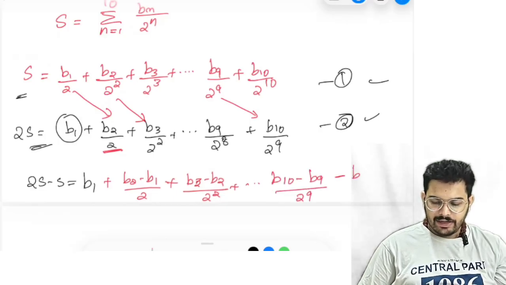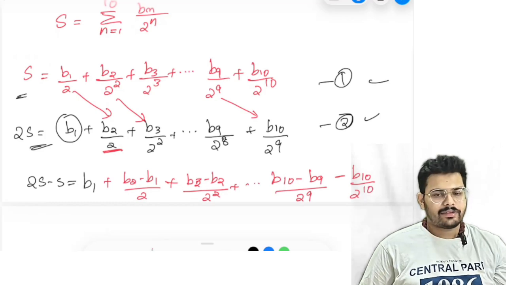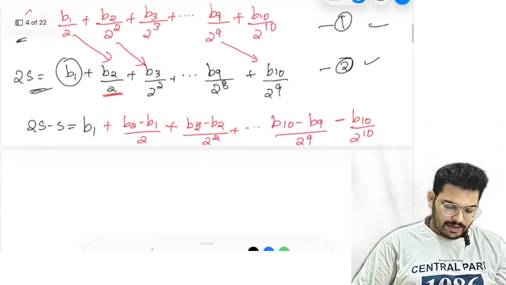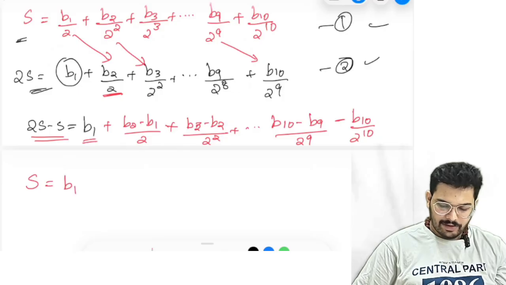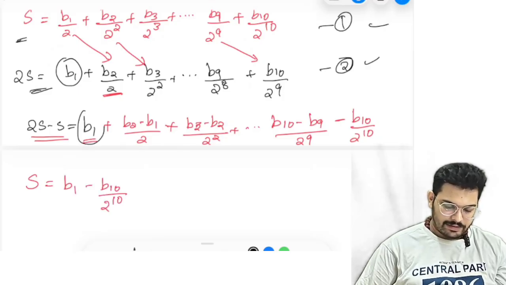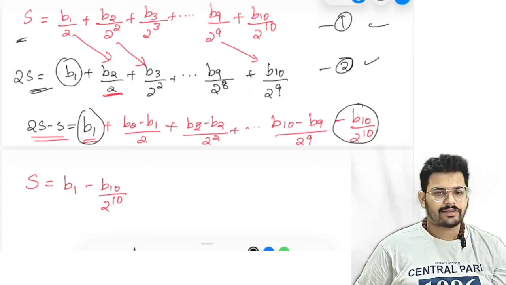At the end there will be b10 divided by 2 raised to 10. Now 2S minus S will be equal to S. Then b1 minus b10 divided by 2 raised to 10. We have written the first term and last term together.